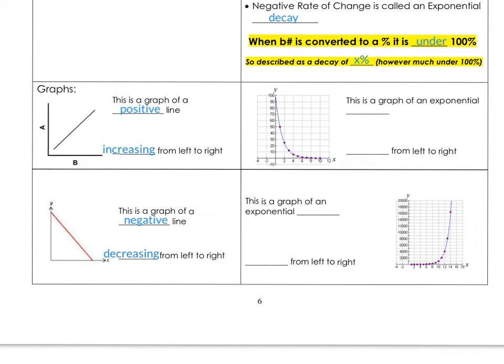Now looking at these exponentials, if I look at this first one, I'm starting all the way up here, and I'm going down. My y values are going down. So this is a graph of an exponential decay, as it is decreasing from left to right. The next one, if we look at our values, they're going up. This is a graph of an exponential growth, and it is increasing from left to right.